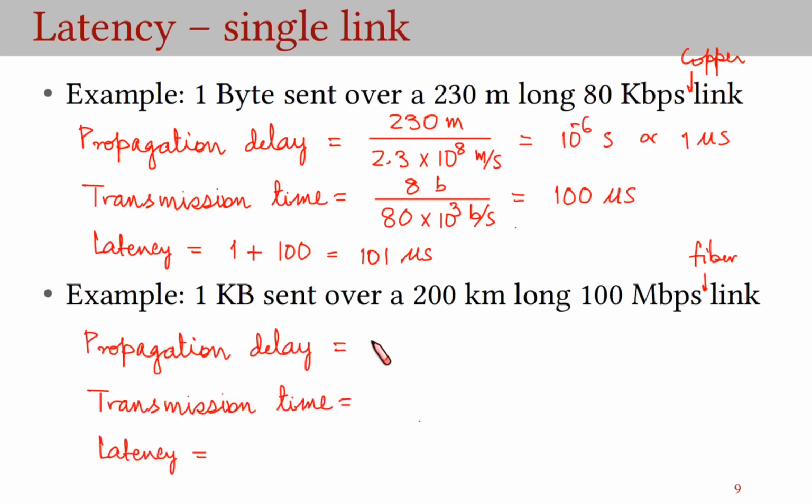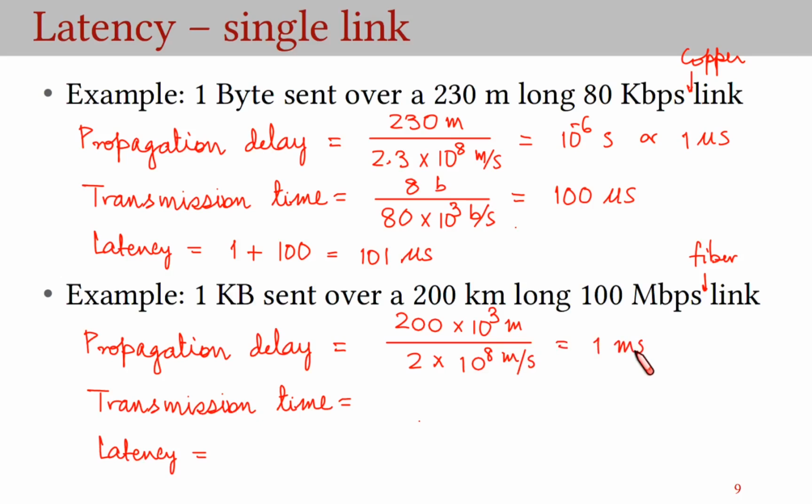On this link, the propagation delay would be the length of the link, which is 200 times 10 to the power 3 meters, divided by a speed of light in fiber, which is 2 times 10 to the power 8 meters per second, and this gives us 1 millisecond.